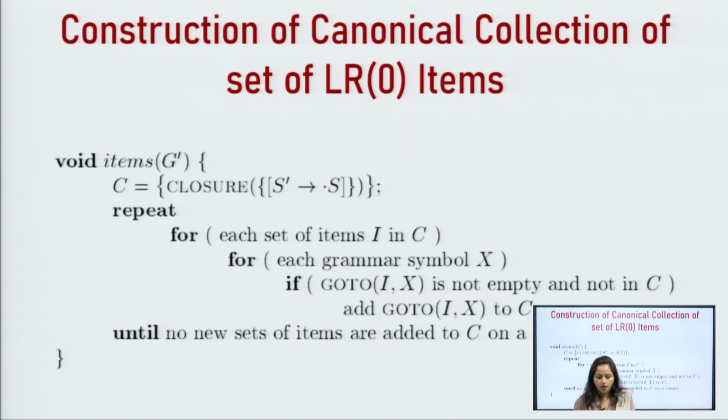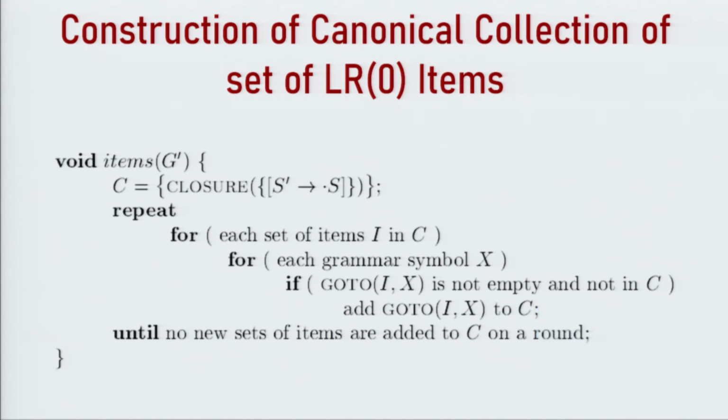So, till now we discussed how to obtain the augmented grammar, how to calculate or obtain closure, and how to obtain the goto function. Now, next we will discuss construction of the canonical collection of sets of LR0 items.